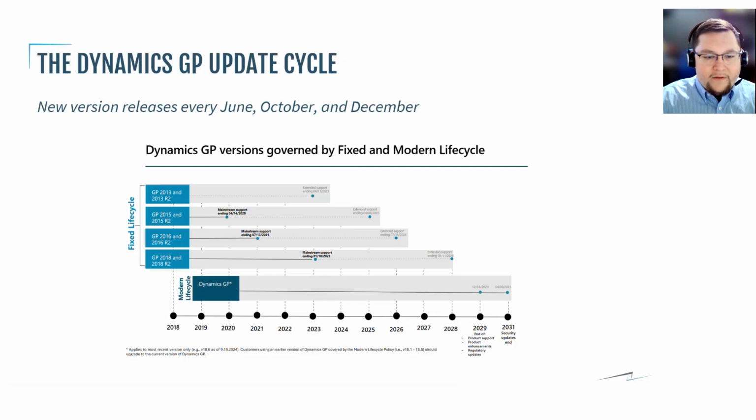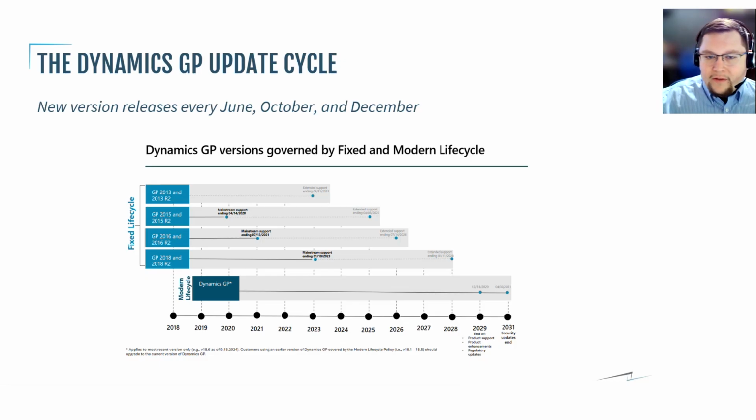So as long as you're on the most recent version of GP, so if your versioning is 18 dot something, then you're on the mainline branch. As I mentioned, 18.7 is our most recent version, and so if you're within 2 versions of that, you're still current. So 18.5, 18.6 are good. If you're older than that, definitely consider updating to be on that most recent version.